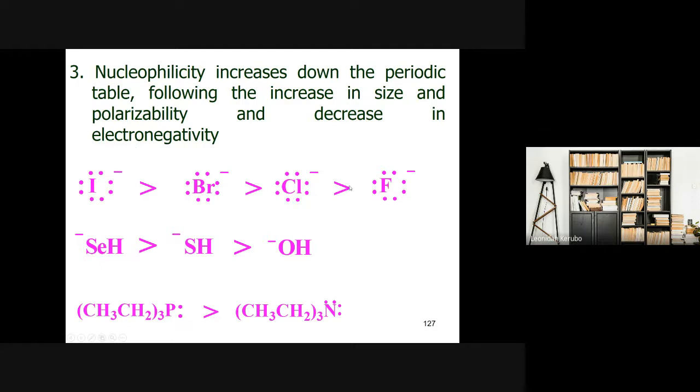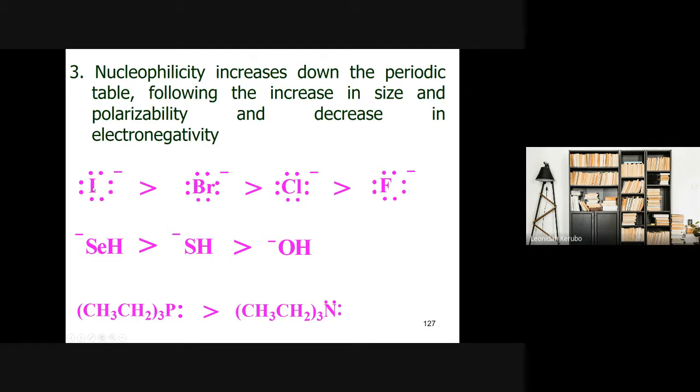As you move down the periodic table, of course you add an additional shell, and the ion becomes more polarizable as compared to the smaller ones like the fluoride ion. In this halogen series, iodide is the largest ion, and it is highly polarizable because it's very large.